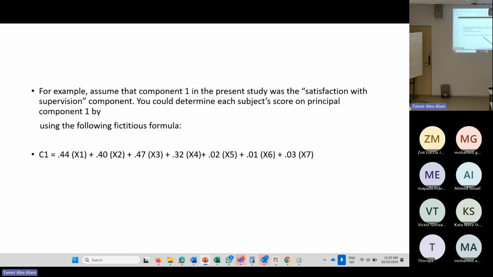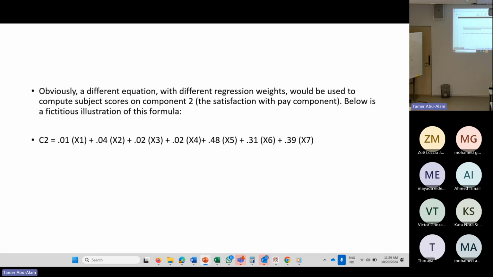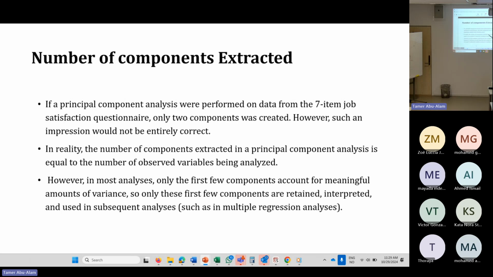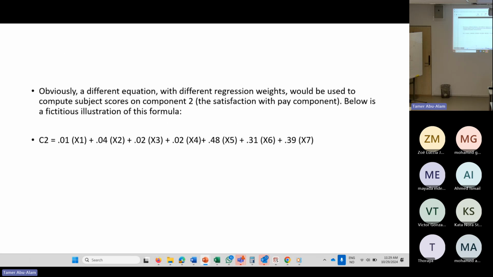So actually, these 4 variables are well defined in component 1. If we go to component 2, these variables are very low, but look at x5, it's high. So actually, component 2 represents x5, x6, and x7 much better. Good?